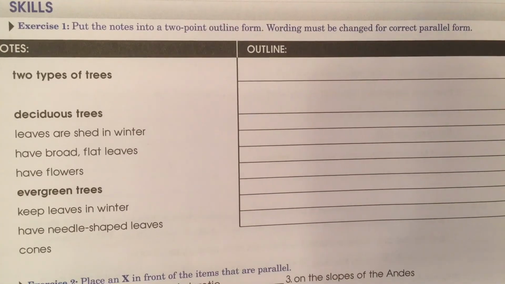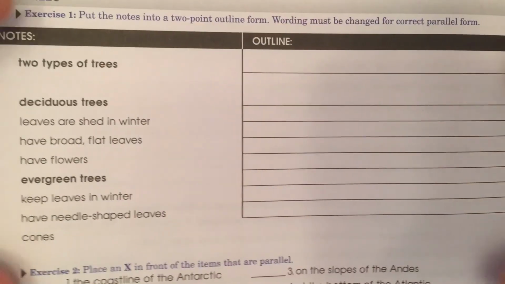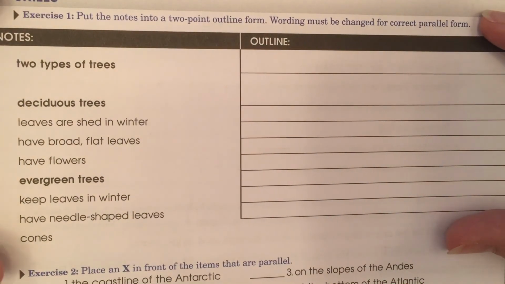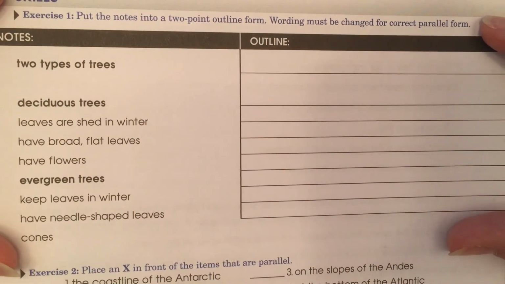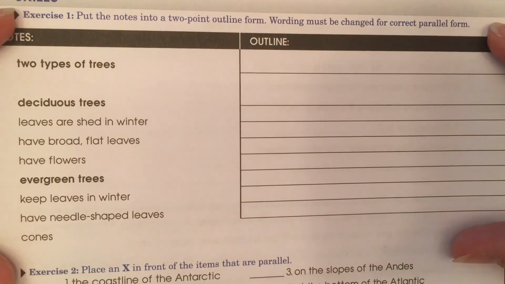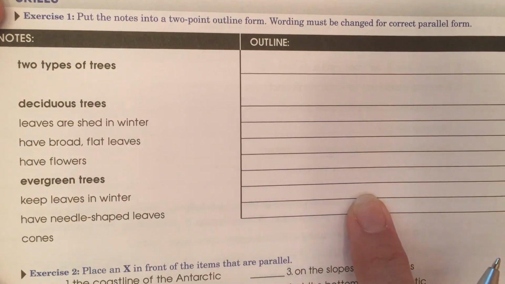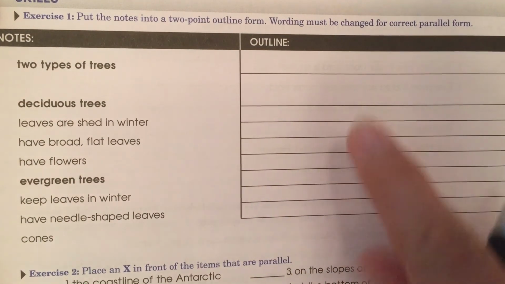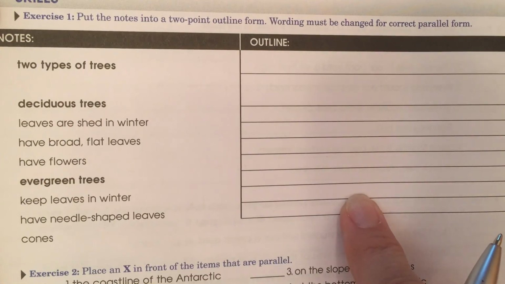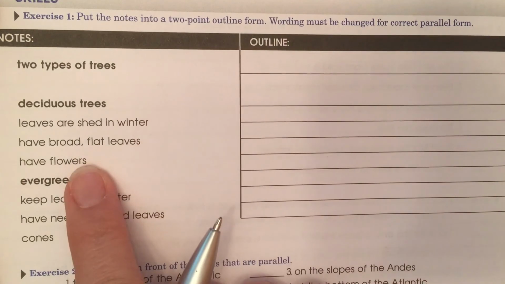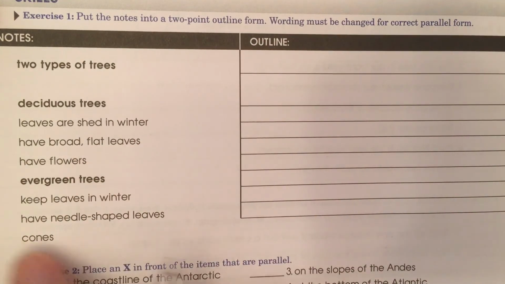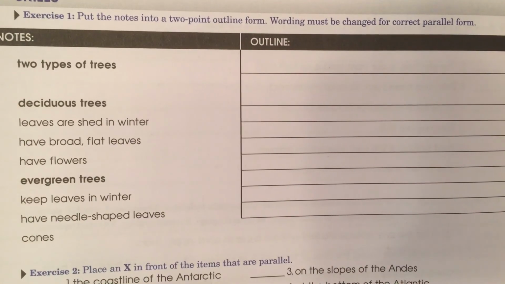Before you watch the video for tomorrow, I want you to see if you can do this outline part here, okay, on the 2 types of trees. It's a very short one. I want you to see if you can put it in correct outline form, okay? And then tomorrow we'll start our video by checking your work. And then we'll kind of go on to thinking about what our essay outline is going to look like, okay?